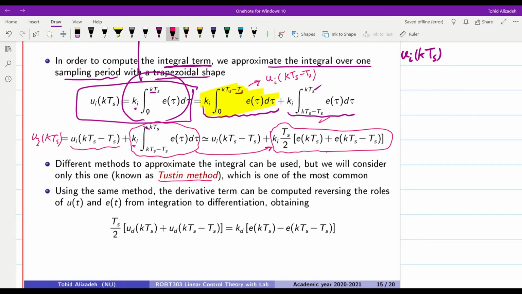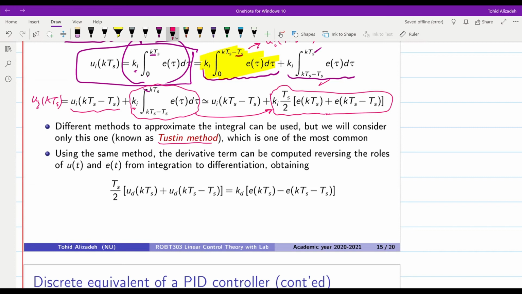We can use the same method in order to find the equivalent digital controller term for the derivative part by reversing the roles of u and e from the integration to the differentiation, and then we will obtain the expression written here.